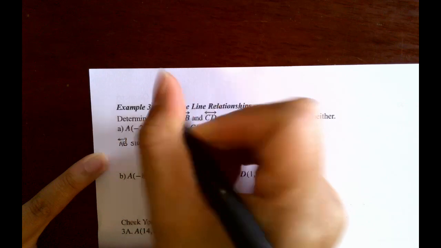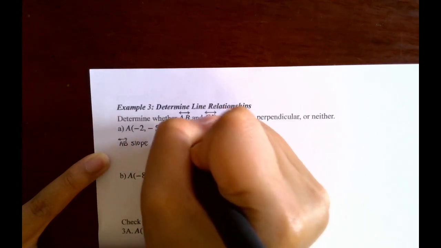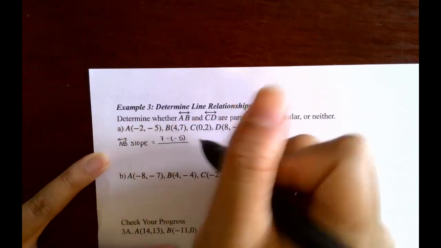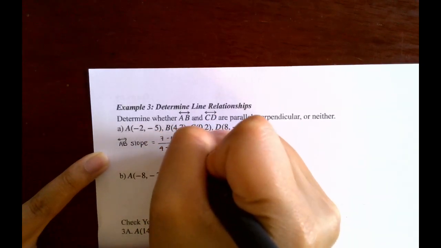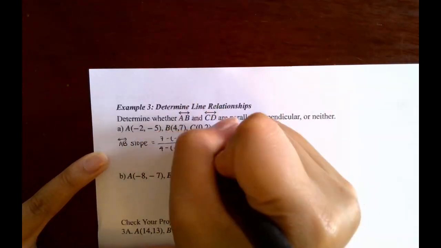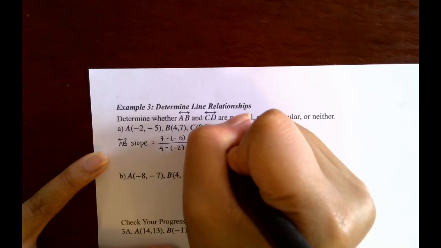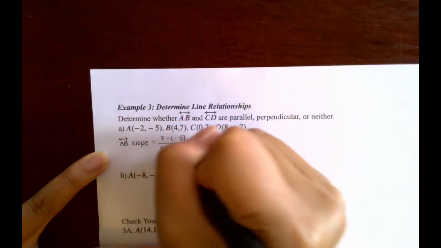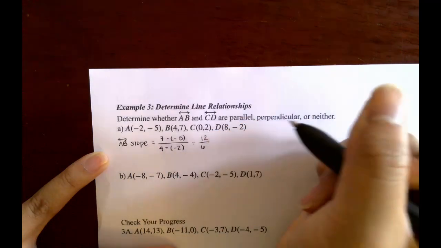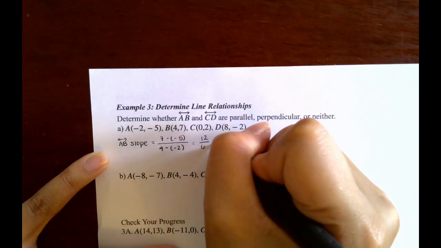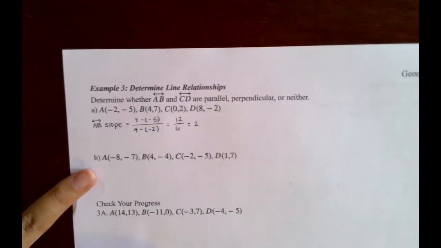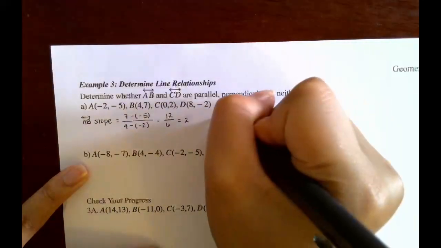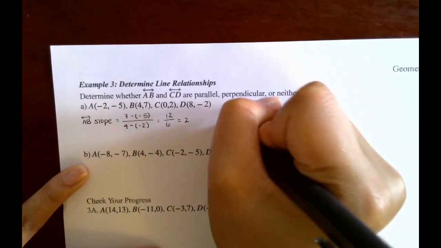So y2 minus y1, I'm going to do 7 minus -5. And then x2 minus x1, 4 minus -2. Right? 7 minus -5 is 7 plus 5, which is 12. And then 4 minus -2 is 6. 12 divided by 6 is 2. So AB's slope is 2. Okay? Then let's find out what CD's slope is.